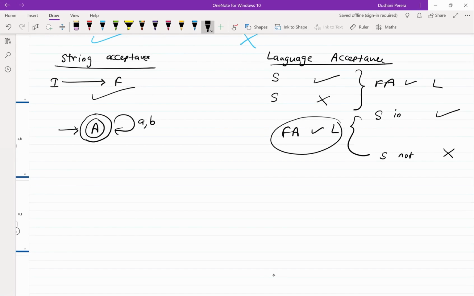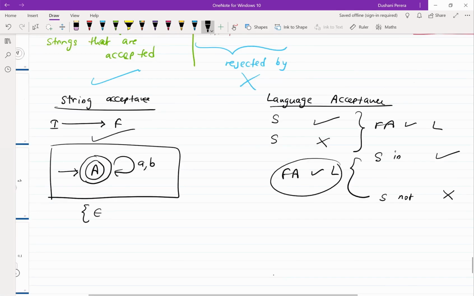Upon getting a simple A and a simple B, it stays at state A itself. Then this automata will accept anything. Okay, this accepts epsilon. It accepts even the null string because the first state is also final. So even with nothing, even the null string, acceptance happens, because the initial state is the final state.